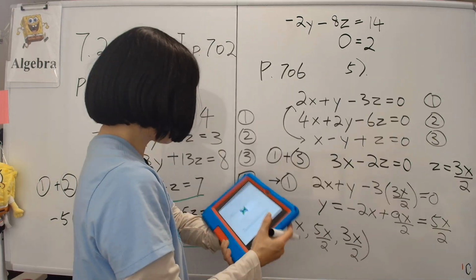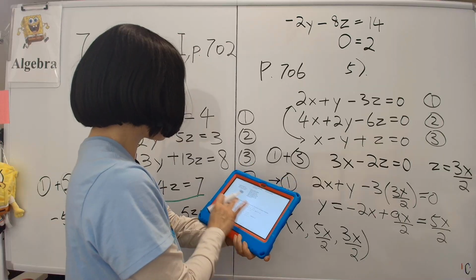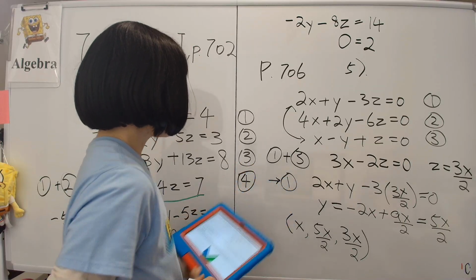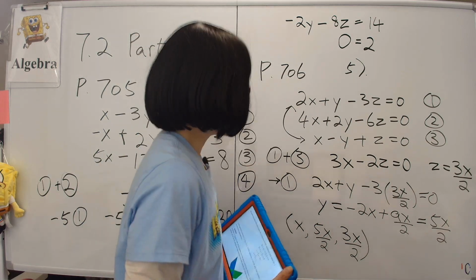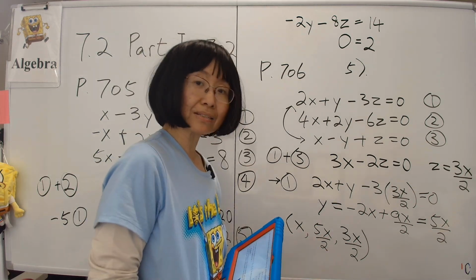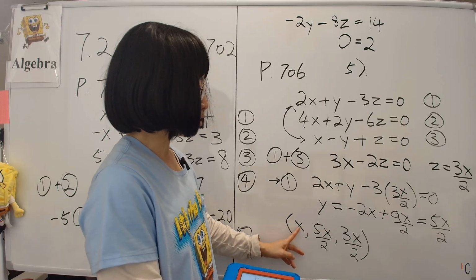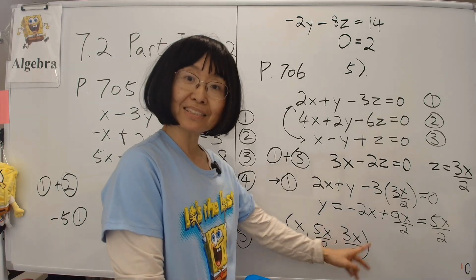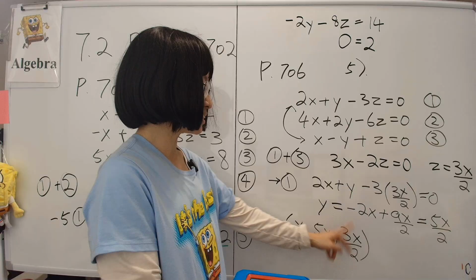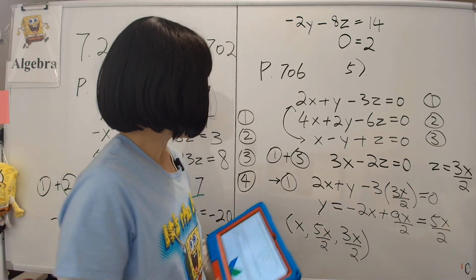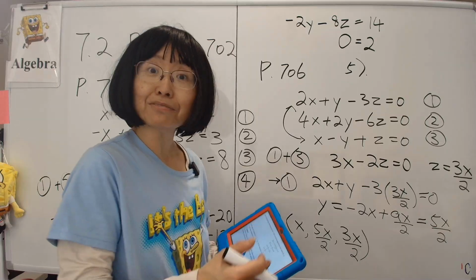That's the answer, with all the answers given in terms of x. Now you might think, why is every answer given in terms of x? What if we could put it in terms of y, or in terms of z? You can't. But right now the book says choose x, so that's what I'm sticking with.